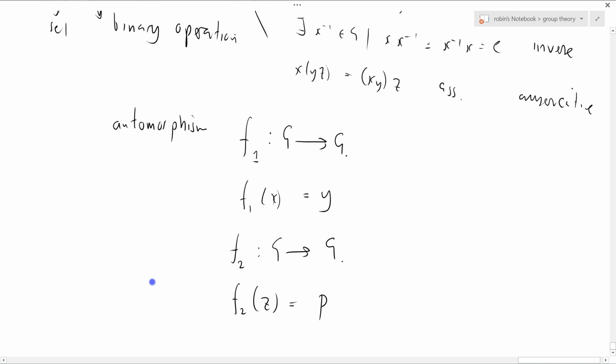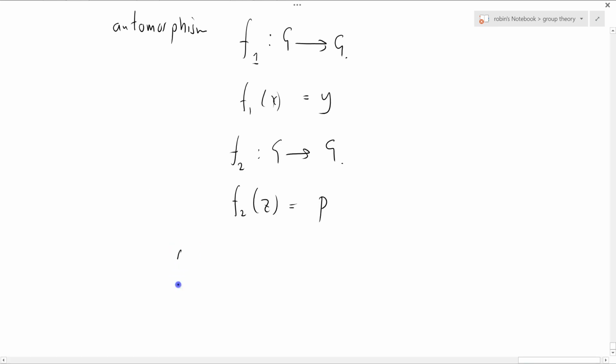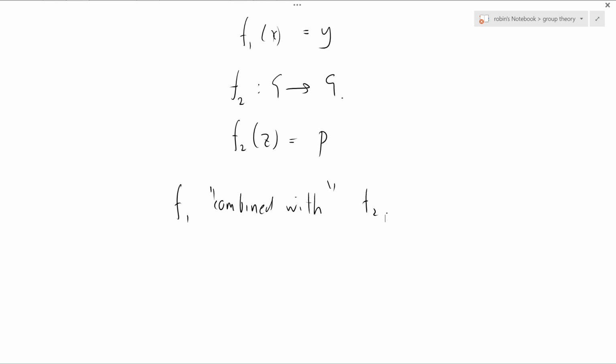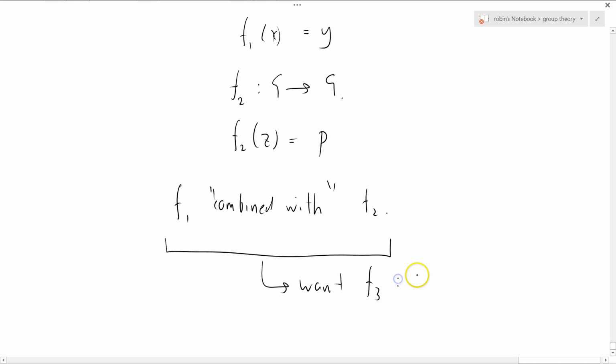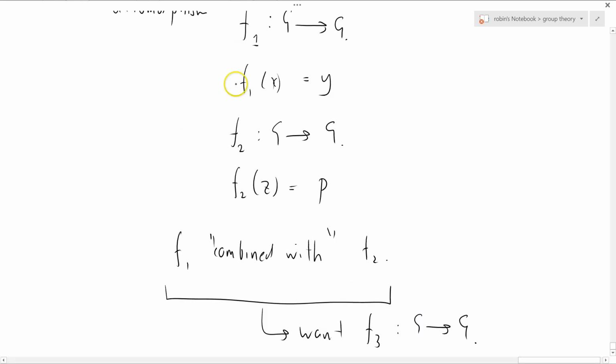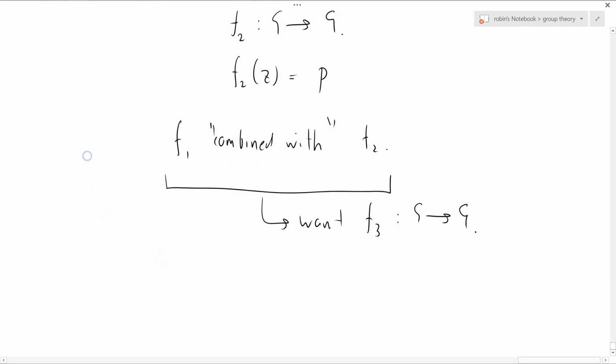Just making up letters here. So if I want to combine f1 with, in scare quotes, f2, well, it's pretty obvious that we want a function f3, which also maps G to G. f1 maps G to G, f2 maps G to G, and f3 is f1 combined in some way, which I haven't really stated yet.